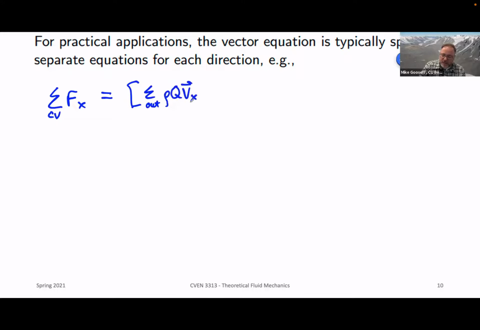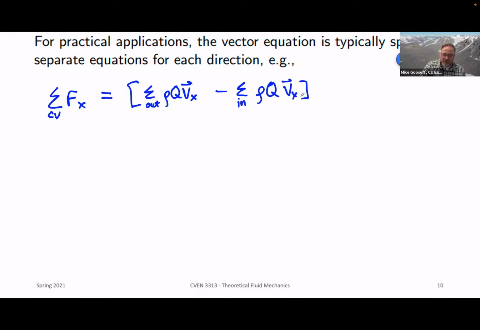So the only thing that ends up with x is that, and then we write the second term. We have to subtract out all of the incoming momentum flows as well. So rho times q times vx as a velocity vector.